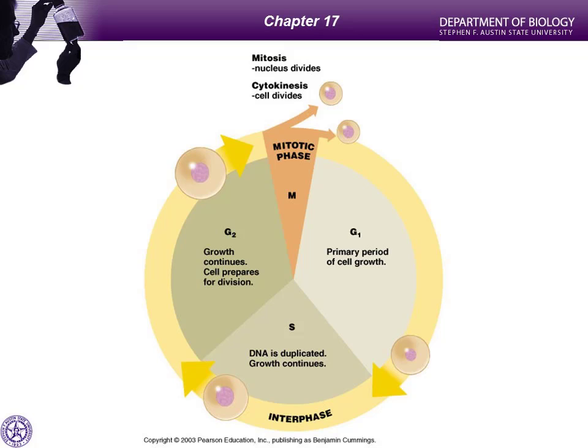What are they going to be in G2? Still sister chromatids, because we don't pull them apart until we get toward the end of mitosis. So interphase involves 2 growth periods with this middle part, a very, very important part, where we actually duplicate and replicate our DNA.